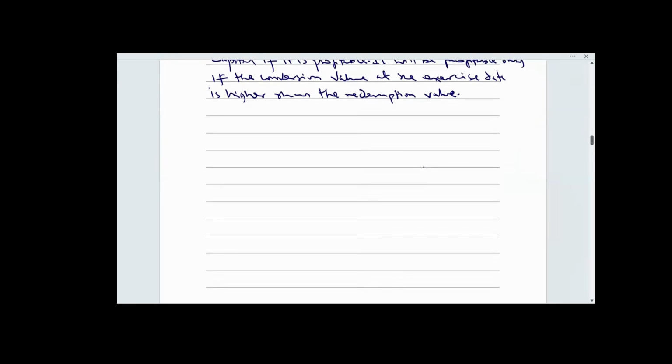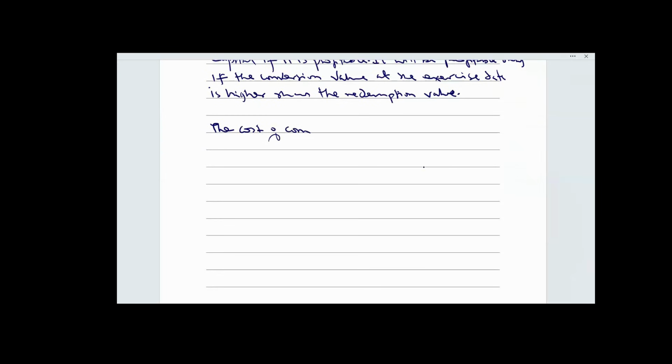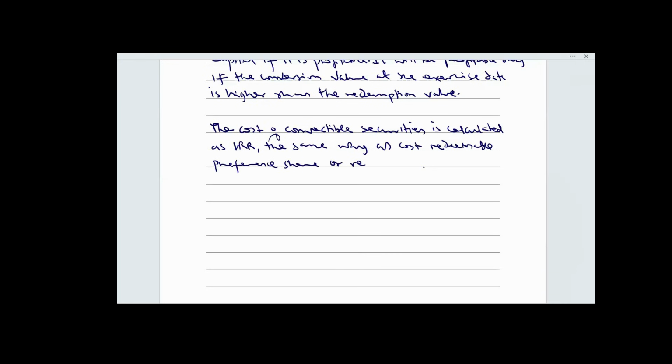So for this purpose, before we go there, the cost of convertible securities is calculated as internal rate of return, the same way as cost of redeemable preference share or redeemable debts.